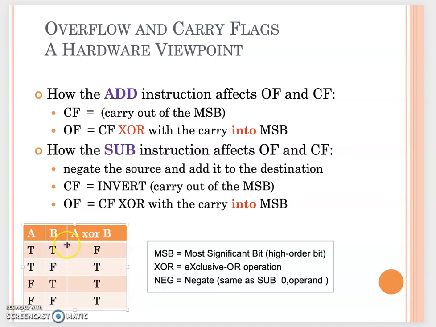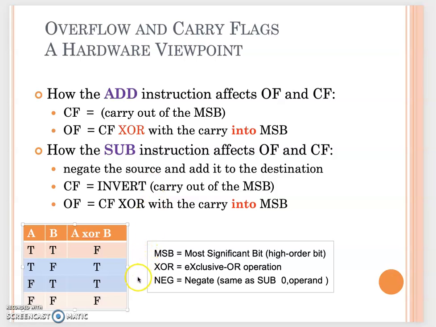When you have two inputs, A and B, if only one of them is true, the result will be true. If both of them are true, it will be false, and if both of them are false, it will be false. So only when one of them is true will the result be true.